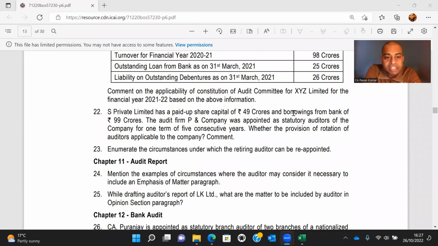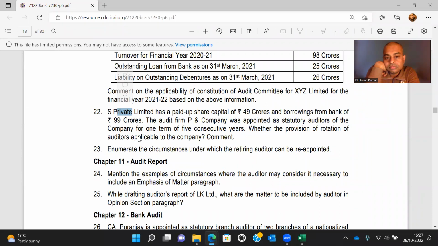S Private Limited has a paid up share capital of 49 crores and borrowings from bank of 99 crores. Wait, what will you observe first? It's a private company. Okay, read.